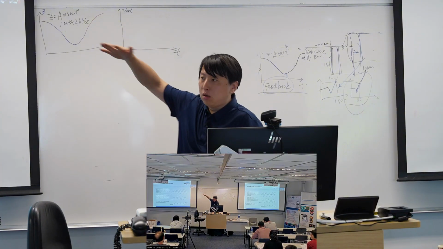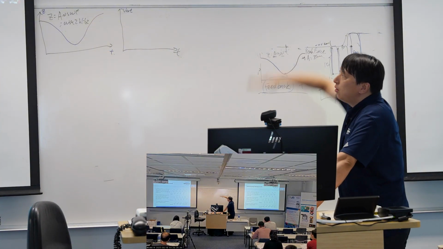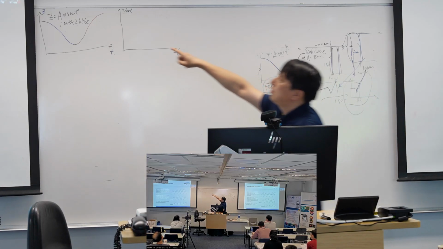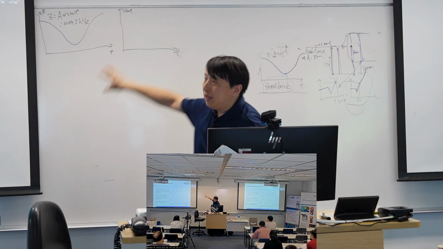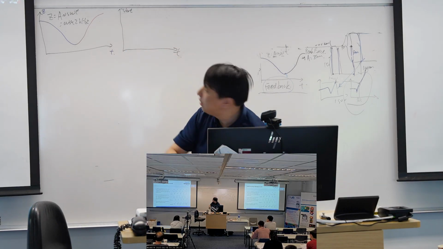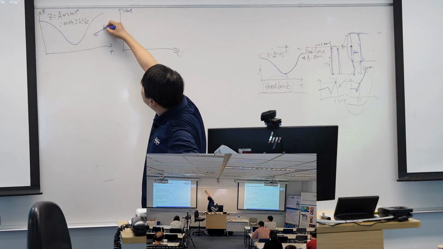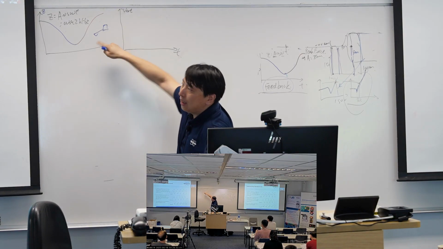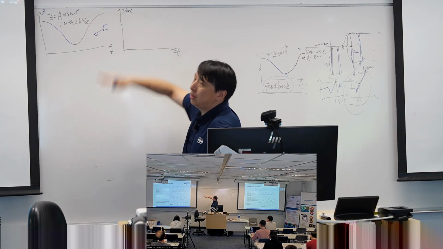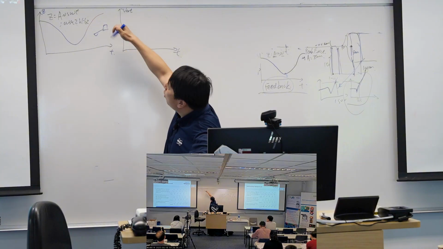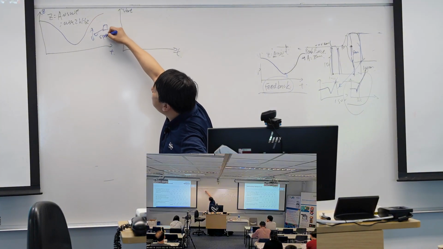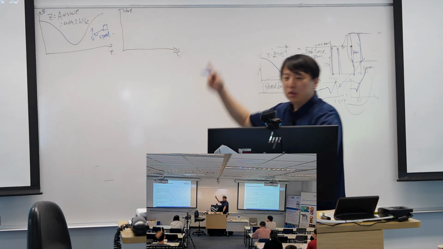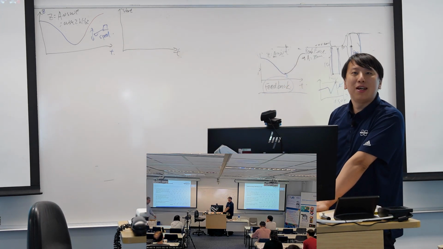Our probe is moving with our scanner. The scanner is moving so fast, up and down, up and down, and at the same time the cantilever moves with the scanner. So the cantilever has a speed, and under that speed it will sense a hydrodynamic force.